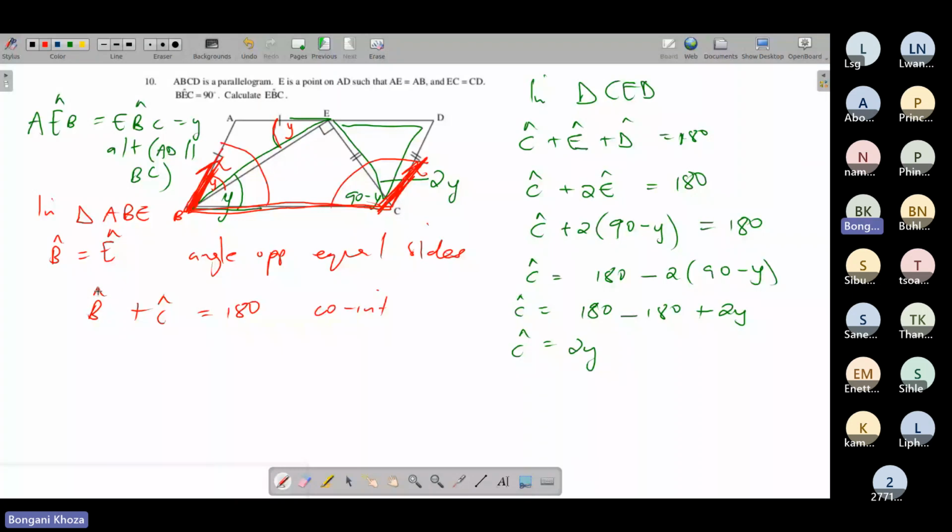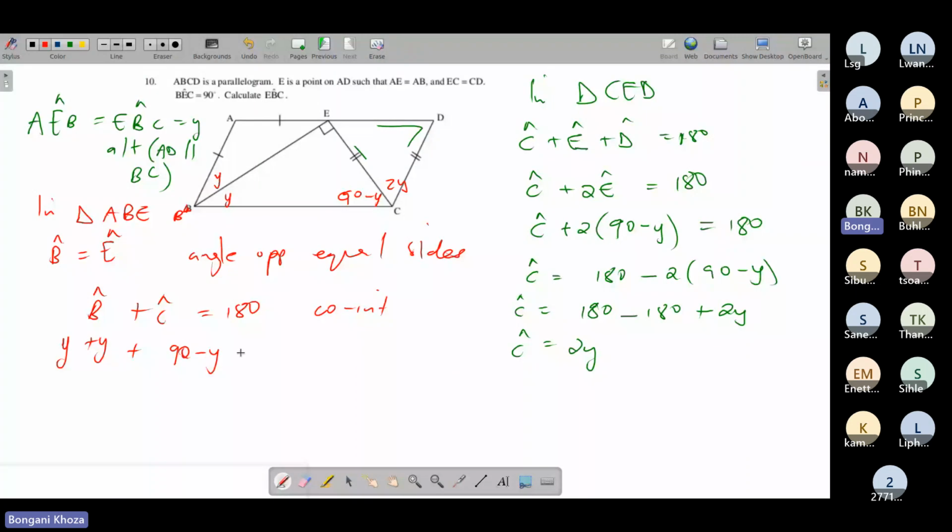Angle B has this Y over here, the Y we just calculated. So it has the Y here, a Y here, a 90 minus Y, and a 2Y over here. So B is Y plus Y, and for C, it's 90 minus Y plus this 2Y.